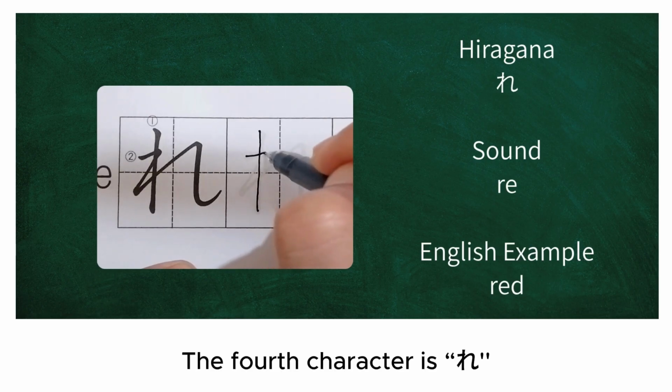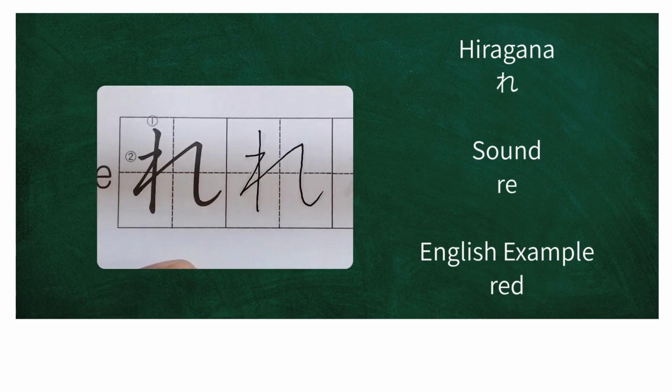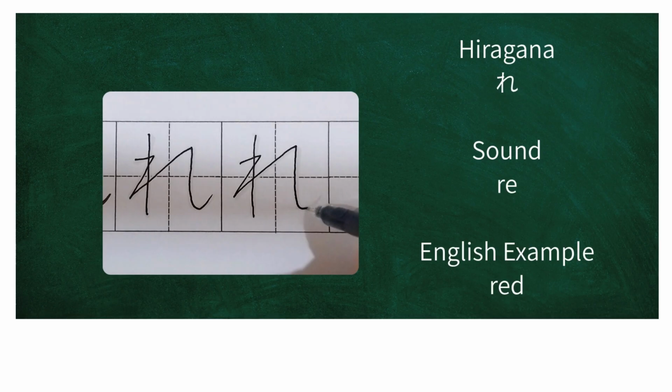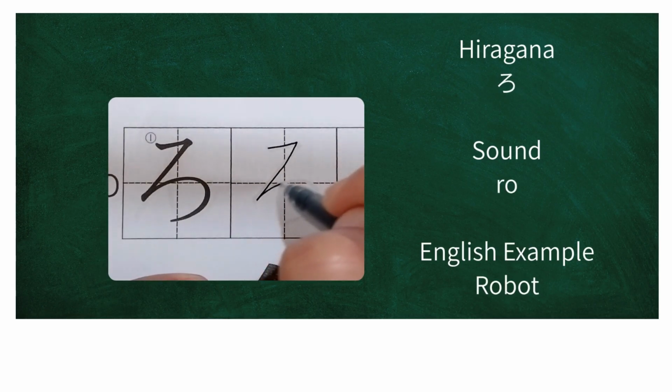The fourth character is Ray, like Ray in Red. The fifth character is Ro, like Ro in Robot.